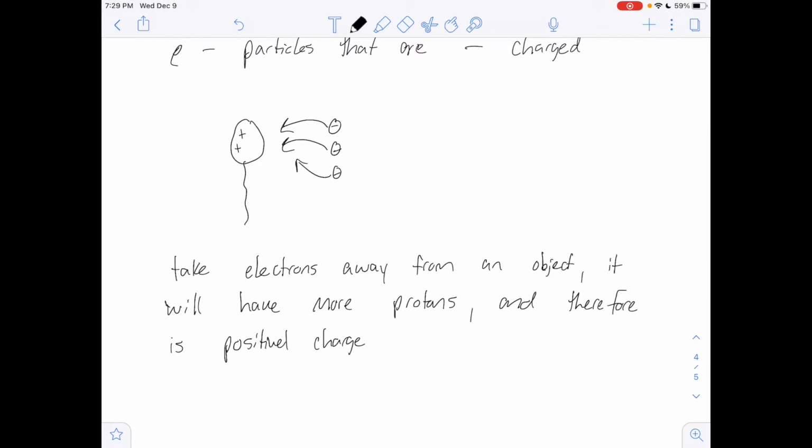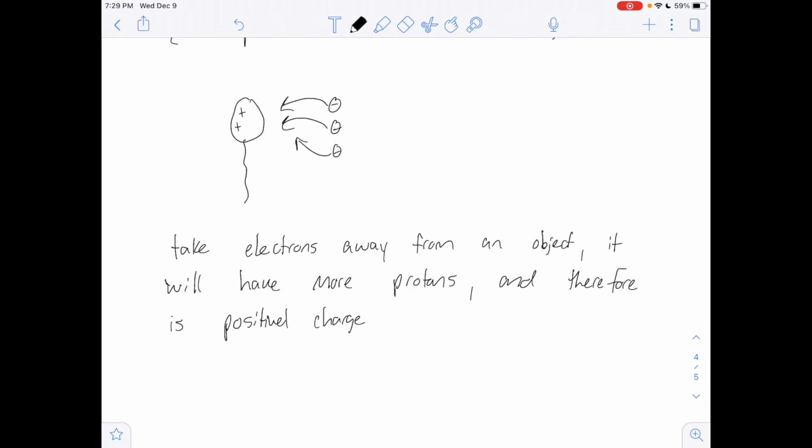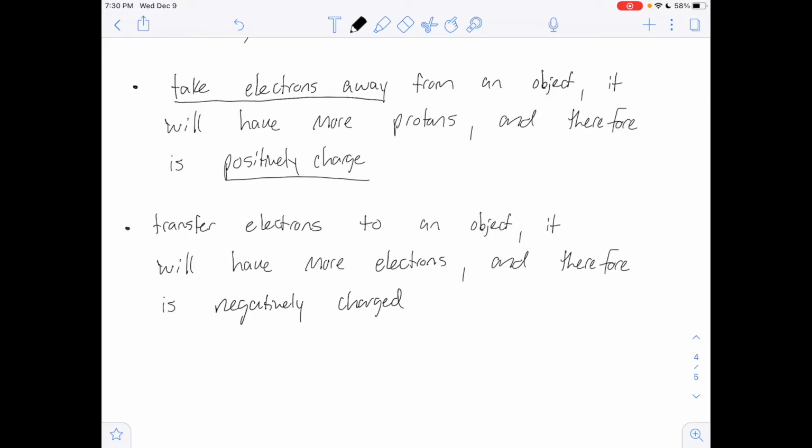If you can take electrons away from an object, it will have more protons and therefore will be positively charged. So what's important here is to remember that if you take electrons away from an object, it will become positively charged. And if you can transfer electrons to an object, it will have more electrons and therefore will be negatively charged.